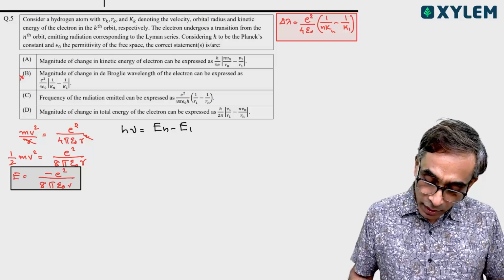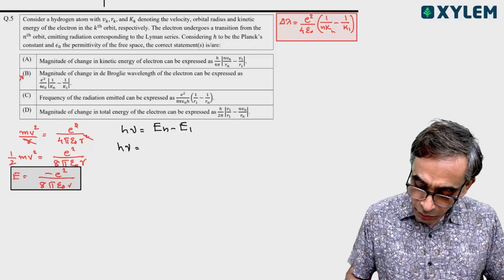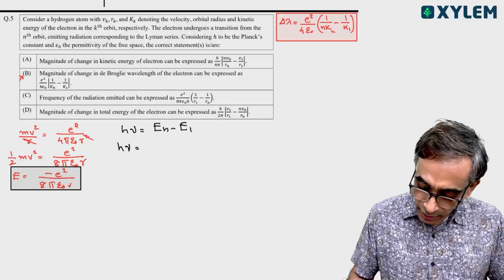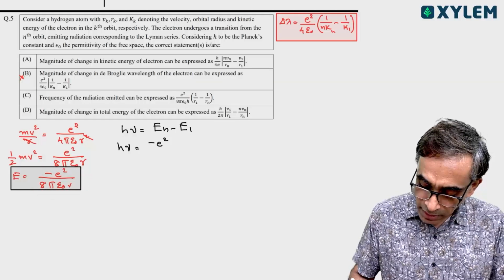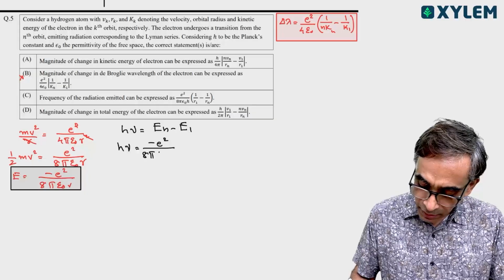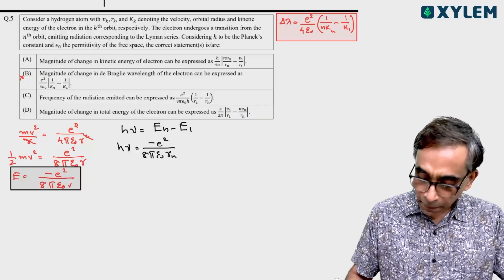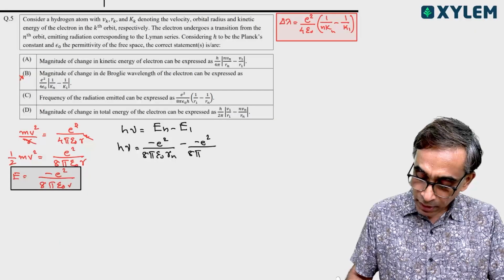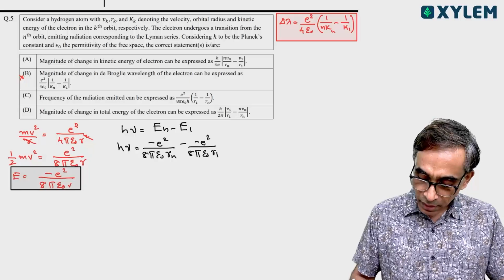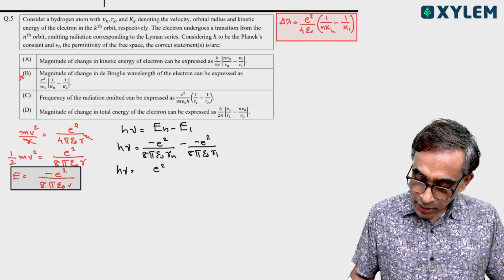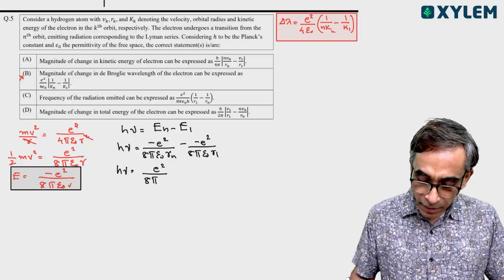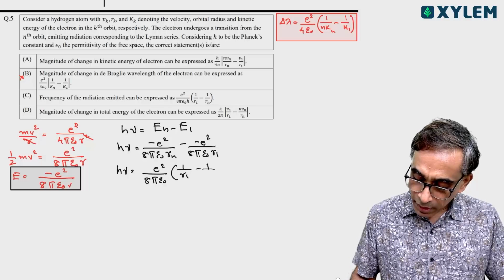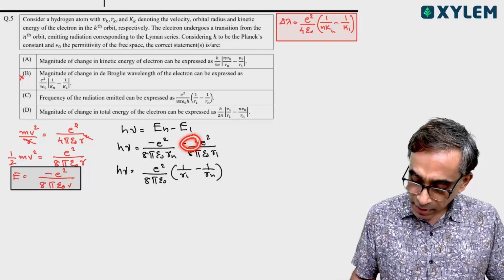We want the frequency. h nu equal to, in this term, with the common terms, we can write En means minus e squared divided by 8 pi epsilon 0 Rn, minus, minus e squared divided by 8 pi epsilon 0 R1. h nu equal to e squared by 8 pi epsilon 0 bracket 1 by R1 minus 1 by Rn, because minus and minus become plus.